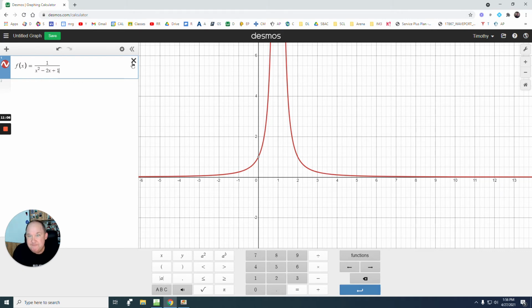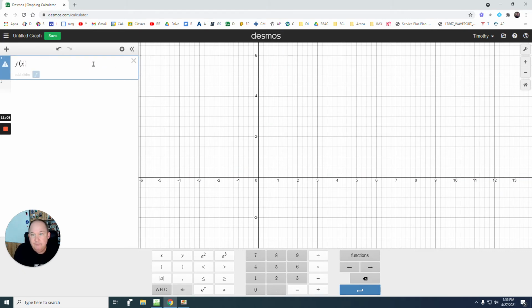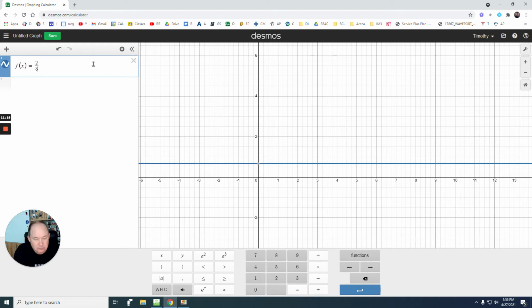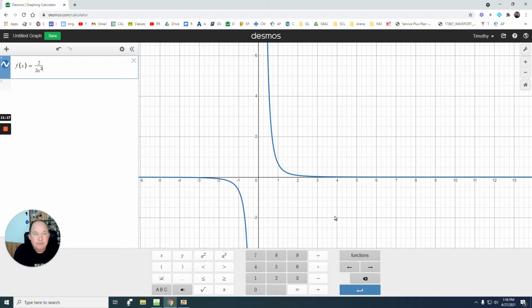Number 13. In number 13, it's 2 over 3x cubed. And so what's the limit as x approaches 0 from the right? From the right, it's going to infinity.